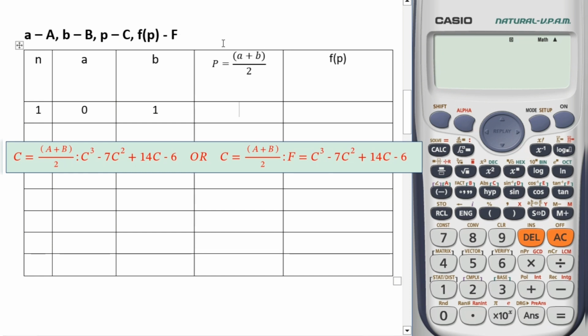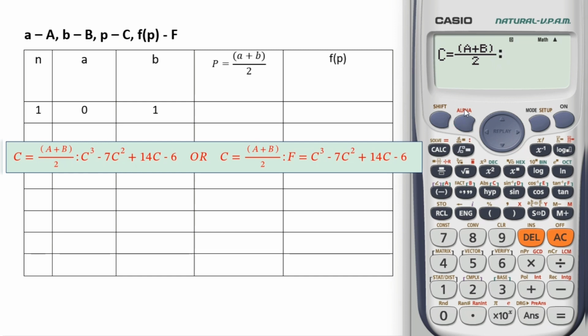Firstly, we create this equation using the input values A and B. I write capital C equals, in brackets, capital A plus capital B, over 2. To continue to the next step, I use the colon mark.